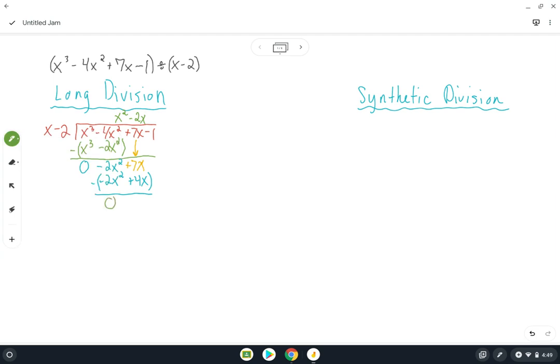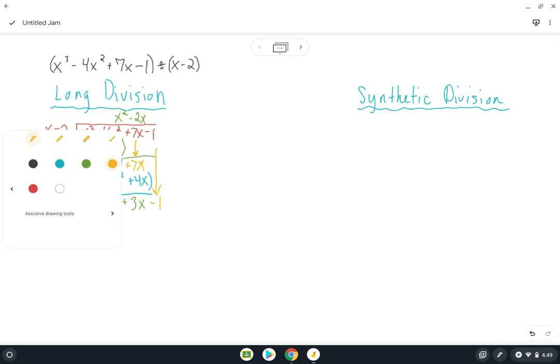And then 7 minus 4 is 3. And as we did before, we'll bring down this negative 1. And we'll see how many times x goes into 3x.